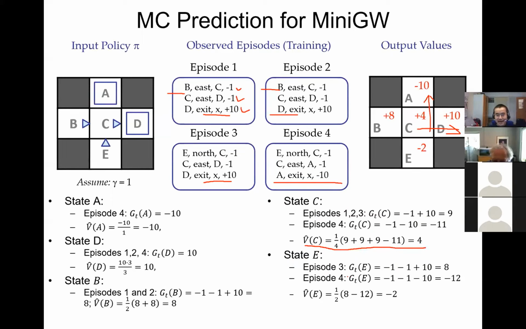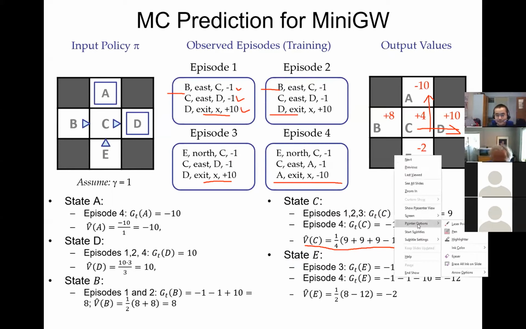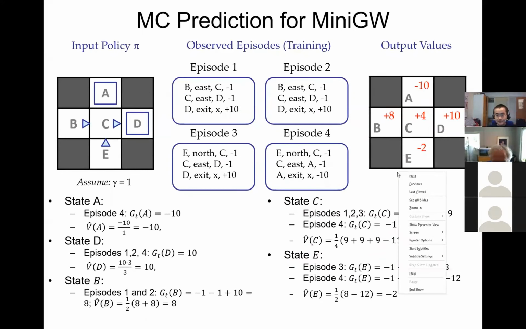And state E: once it goes north into C, and then to D, another time it's E to C to A. So its returns are 8 and -12. So the average is -2.